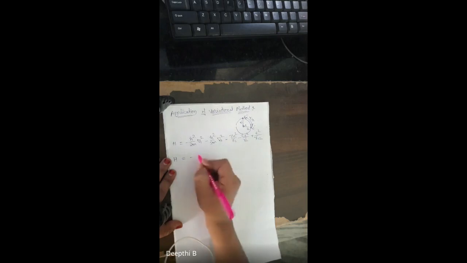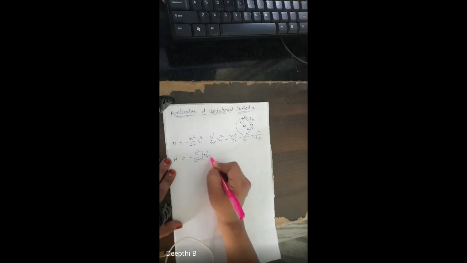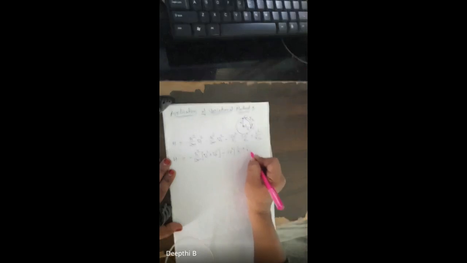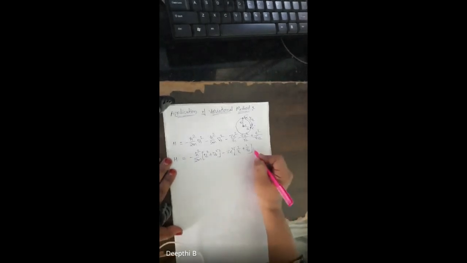Okay, so we take common h cross square by 2m, inside del 1 square plus del 2 square, minus z square common here, 1 by r1 plus 1 by r2, plus e square by r12.